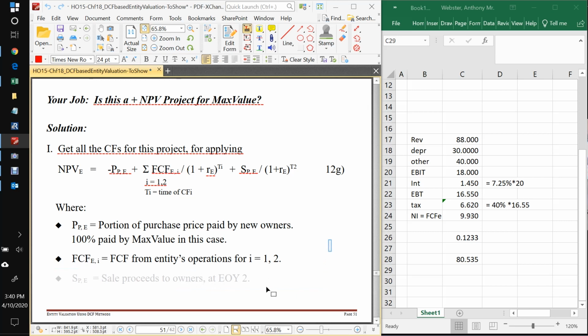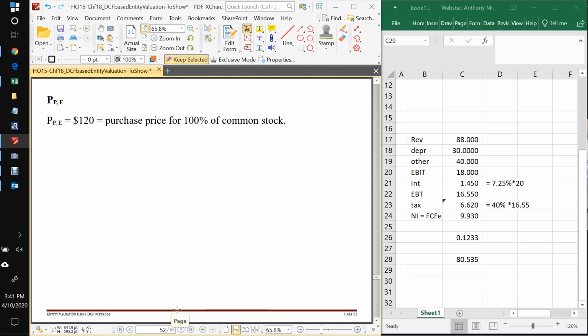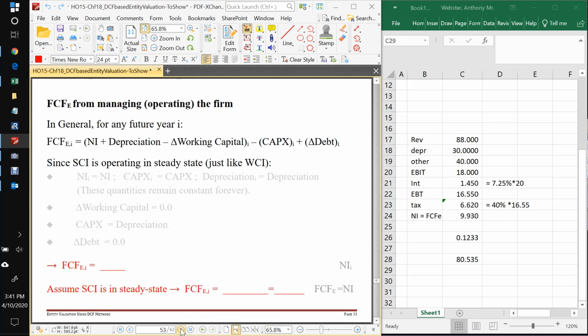Nope, I think everything that I've got down here, we've already discussed up here. All right, so starting to get these cash flows, the first one, the price they're going to pay for the firm is 120, and that's going to be, in this case, for 100% of the common stock. So Max Value will be the sole owner of the firm after this deal.